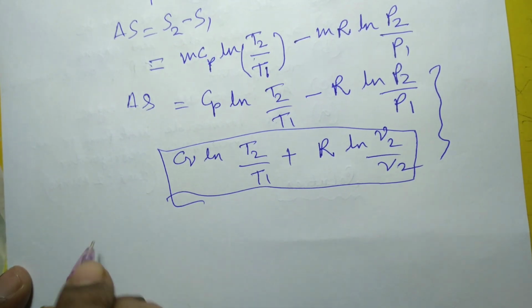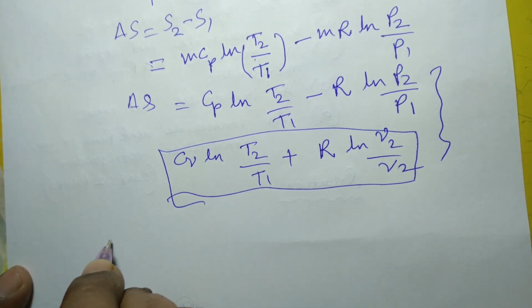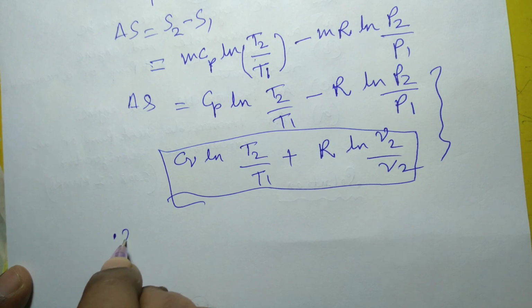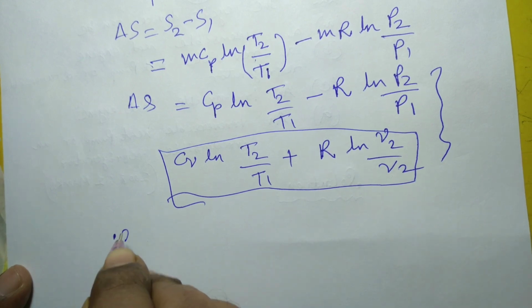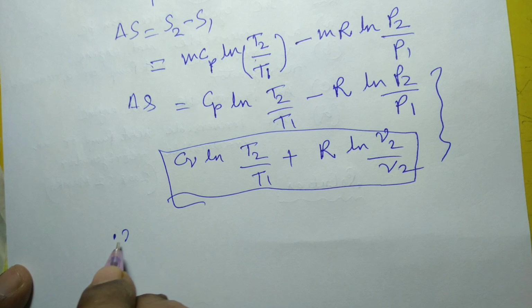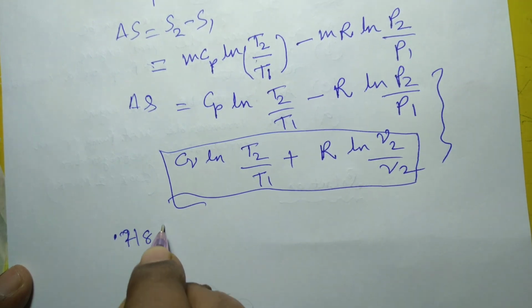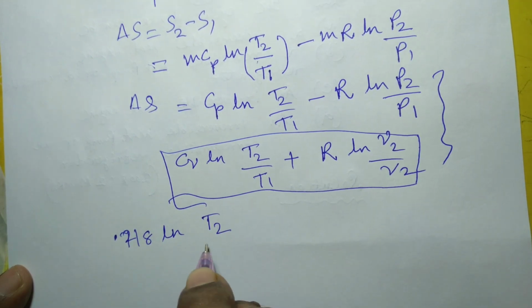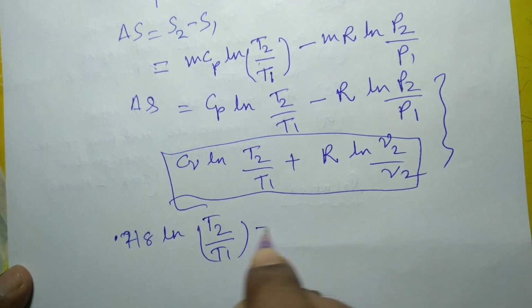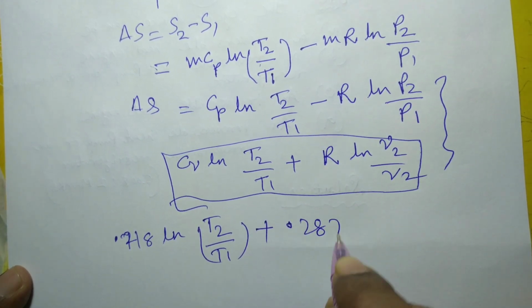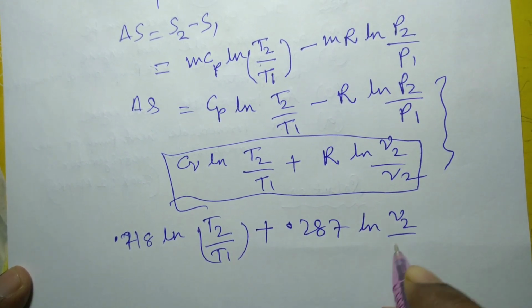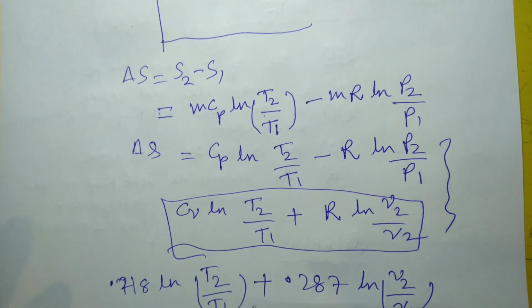So the change in specific entropy will be Cv, the value of Cv is 0.718, ln T2 by T1 plus 0.287 ln V2 by V1. But you see here the temperature is the same between the two end states.